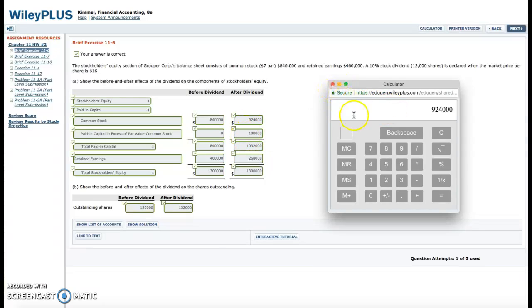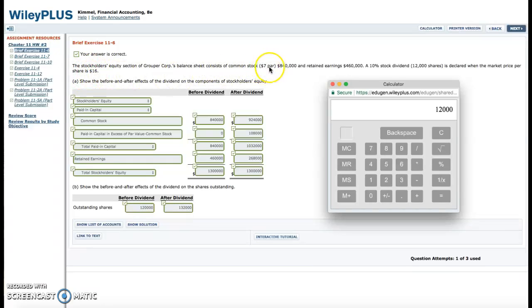The paid in capital in excess of par value common stock is going to be the increase. So we increased our shares by 12,000 shares, and we know that these shares were sold at a market price when the share was $16.